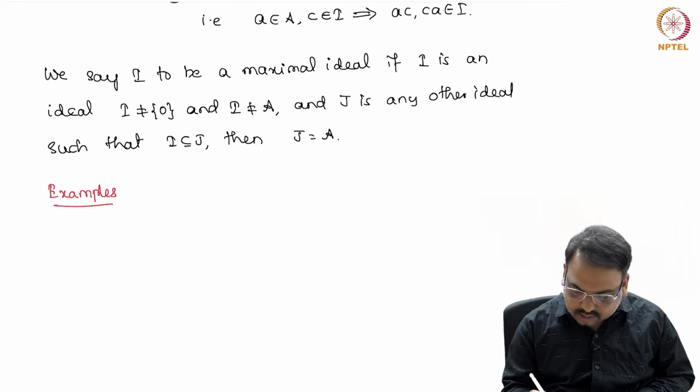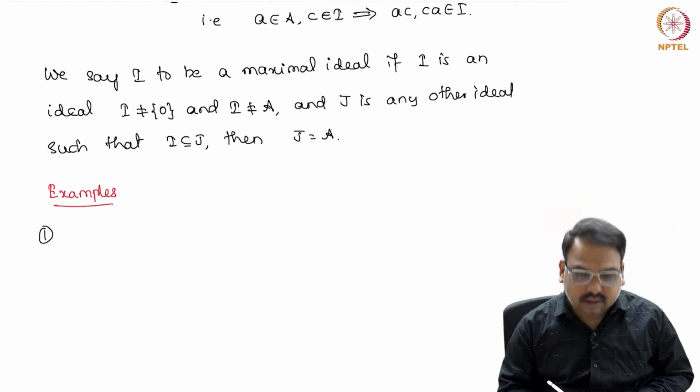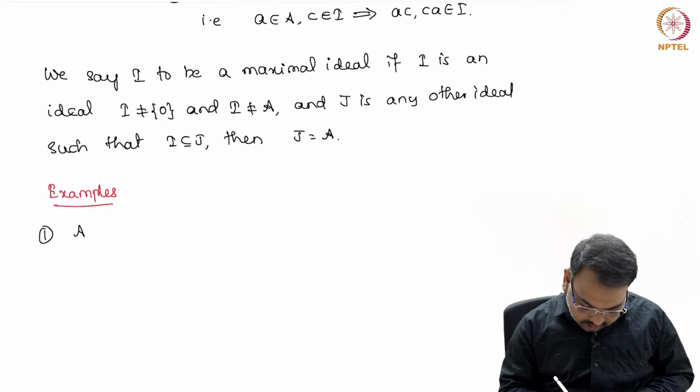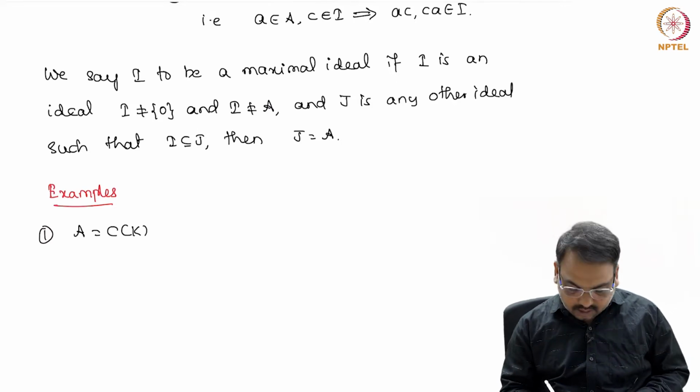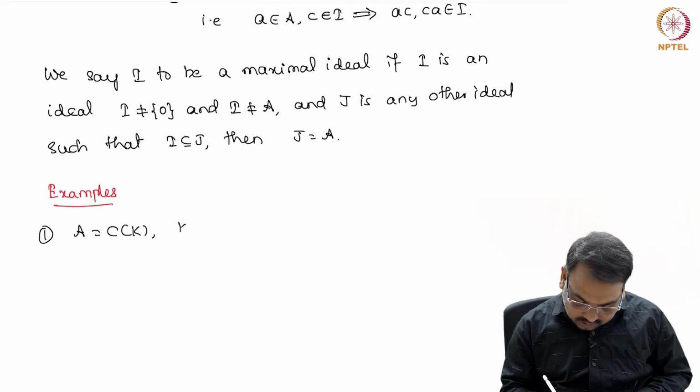And ideals. Let us take A to be C(K), the space of all continuous functions defined on K and taking values in C, where K is a compact Hausdorff space.